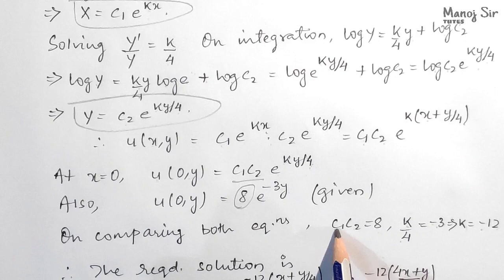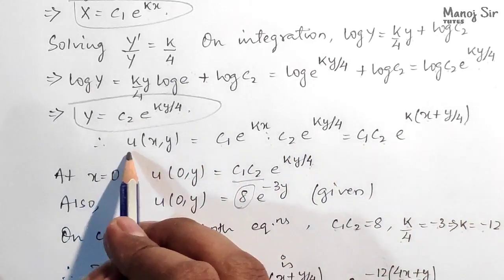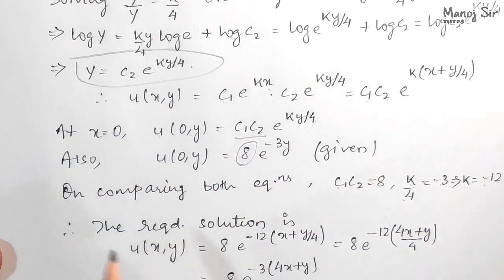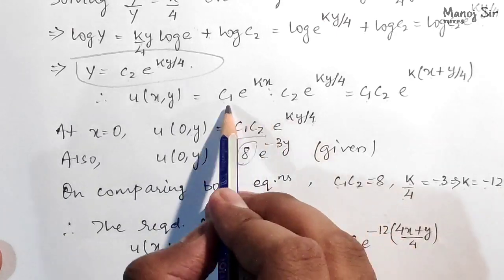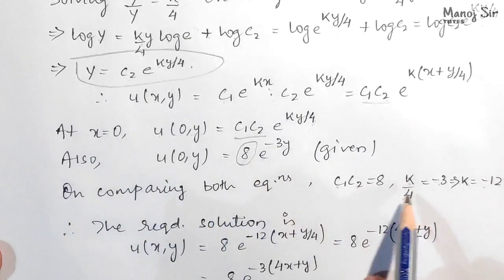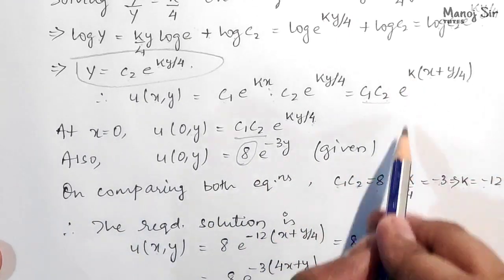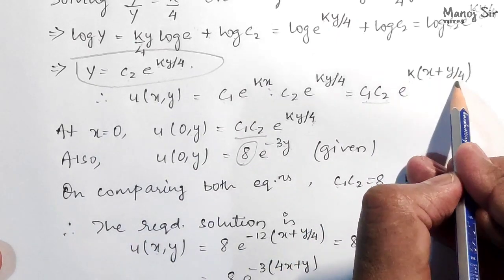Okay, so here we have the value of c1 c2 as well as k. So simply put the values of c1 c2 and k in this, then you will get u in terms of x and y. So we can say that the required solution is u, which is a function of x and y, equals, in place of c1 c2 we can put 8. Okay, e to the power, in place of k we can put minus 12 into x plus y upon 4.